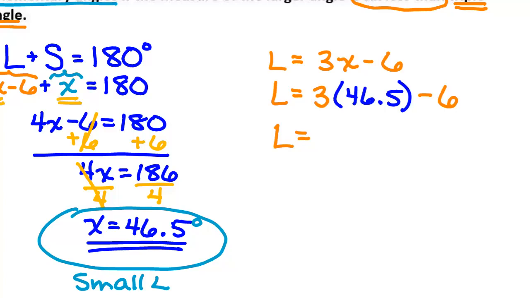Grab a calculator if you need to. What is 3 times 46.5 minus 6?